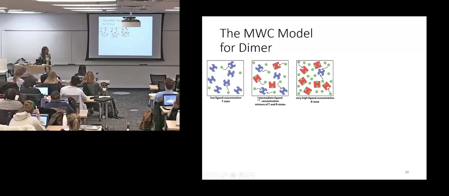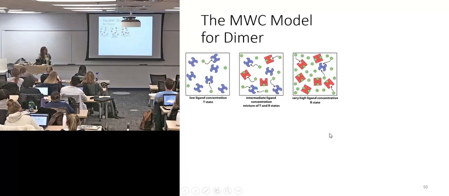As you raise the concentration to some intermediate concentration, you will have some of them bound. Once they bind, both sides are going to turn into the R state, okay, under our concerted model. And then at very high concentrations, you would expect almost everything to be bound, and thus everything is in the R state conformation.